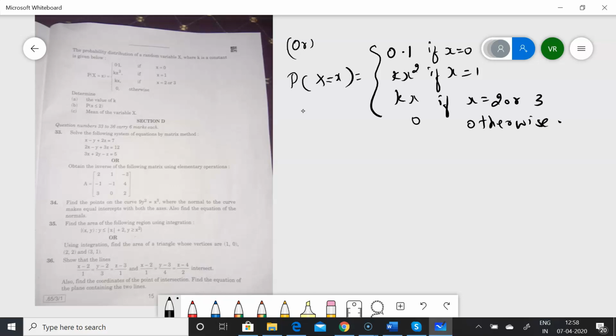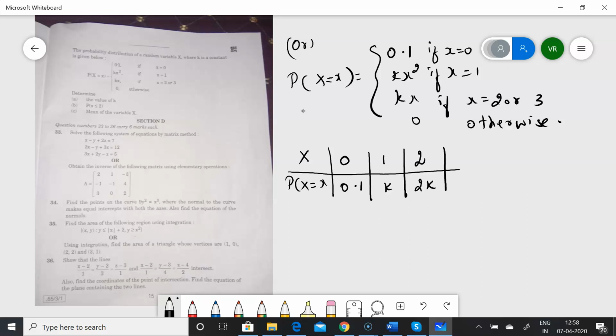Now first let us draw the tabular form. X, P of x is equal to x. So starting with 0, it is 0.1. If 1, it is k. If it is 2, he says it is kx, so it is now going to be 2k.